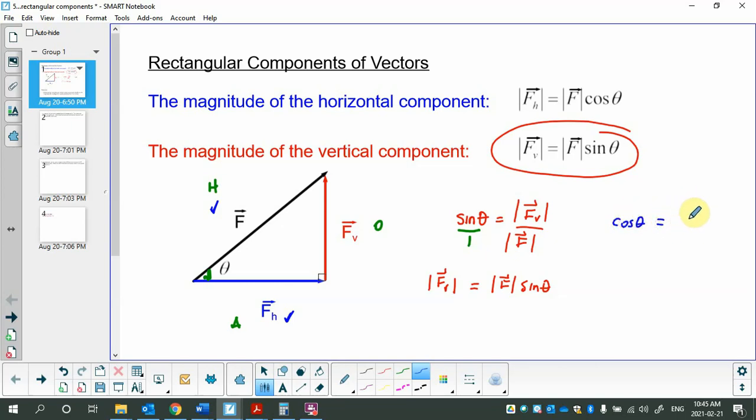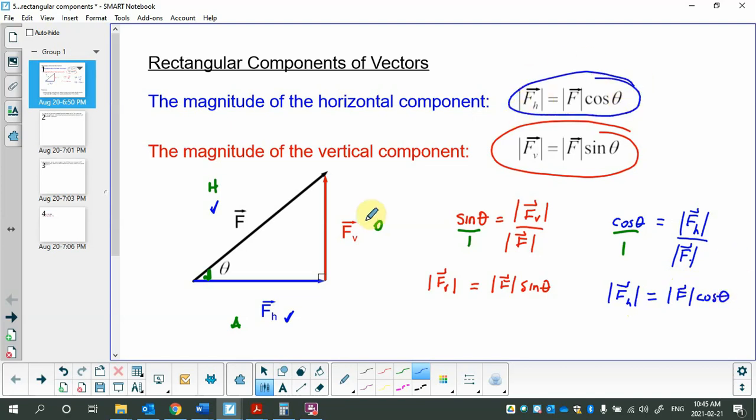So cosine is A over H, not the vectors themselves, but the magnitudes of the vectors. Then I'm going to do a quick cross multiply just like before. 1 times the magnitude of the horizontal vector is the magnitude of the horizontal vector, cross in the other direction and get this, and that creates this formula for you.